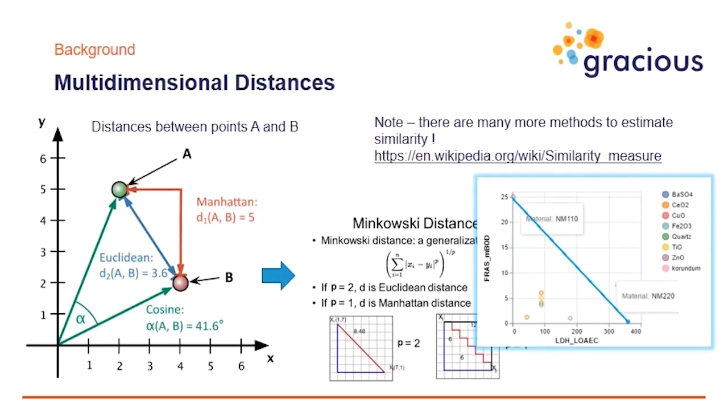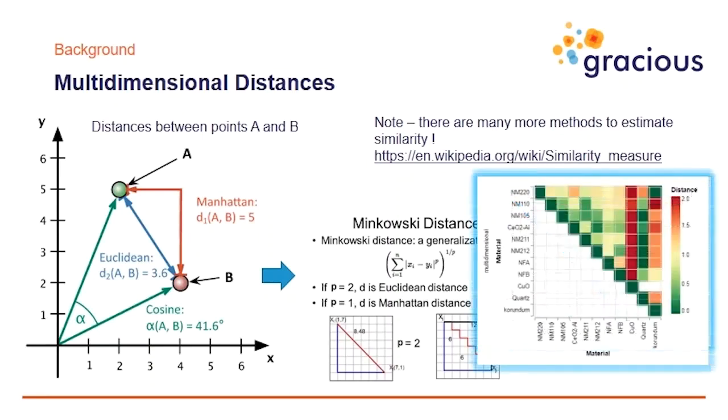On the right, the length of the blue line defines the two-dimensional Euclidean distance between zinc oxide and barium sulfate, using the reactivity descriptor on the y-axis and the inflammation descriptor on the x-axis. Once we have the multidimensional distance calculated between each pair of nanoforms, we can populate the pairwise similarity matrix, where each cell corresponds to the integrated similarity across all relevant properties between a pair of nanoforms.